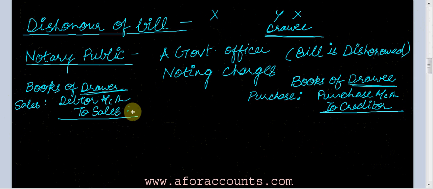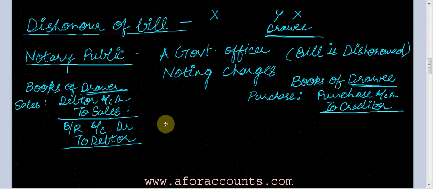Now, on drawing, accepting or receipt of a bill, the entry. This is an important entry, pay attention. Drawer will always receive. So the entry will be bills receivable account debit to debtor, because he has sold goods, so he needs to receive.